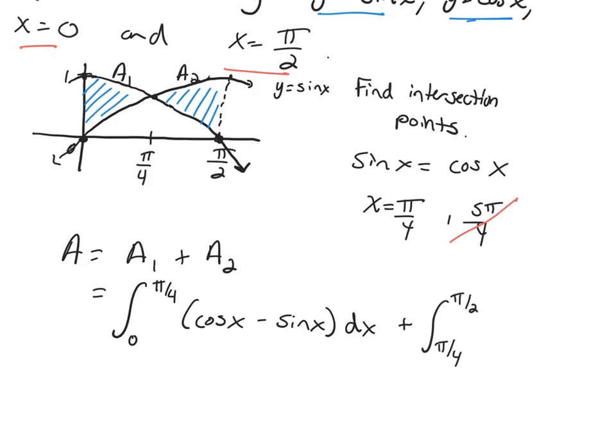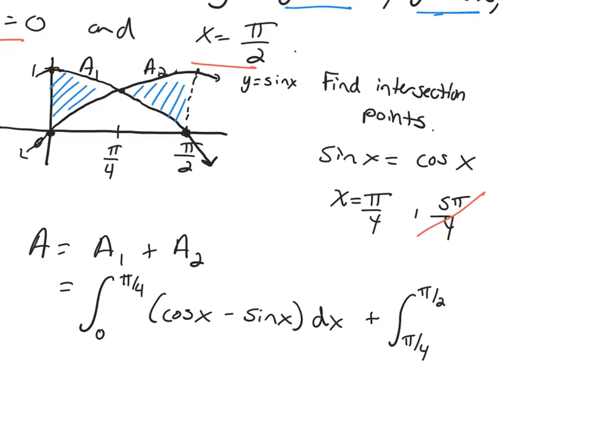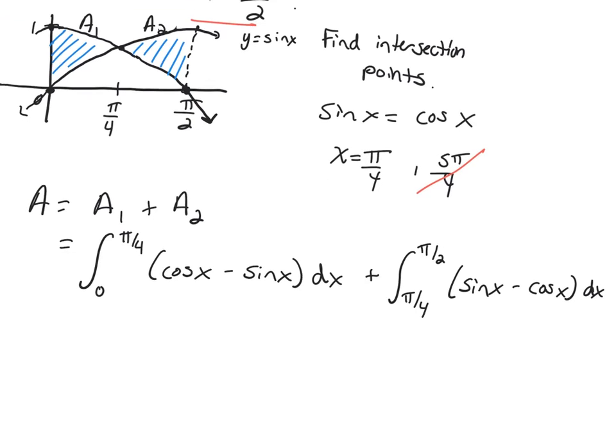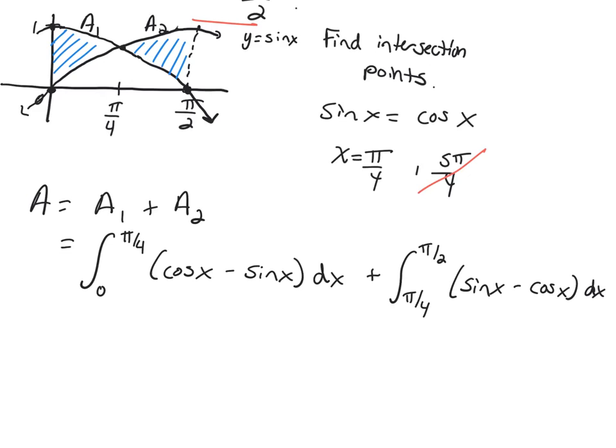So you'll write sine x minus cosine x dx. And you'll compute each one of these. This isn't too bad. These integrals are not all that difficult. You just have to remember your trig.